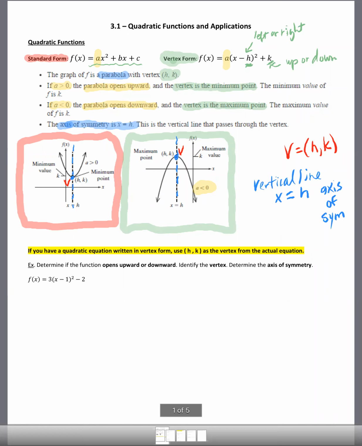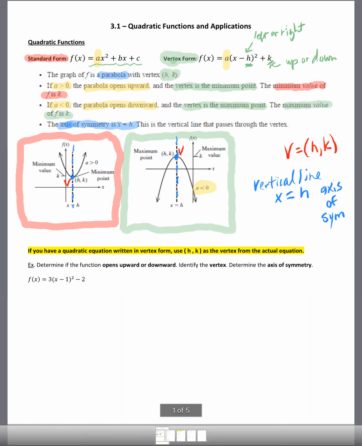So you'll notice in the notes written above there, it tells us that if for some reason you have a parabola that is facing upward, then you will have a minimum value, and that minimum value is k. This is the first example in the red or the pinkish colored box. If you and I are looking at a graph that faces downward, then the maximum value of the function is k.